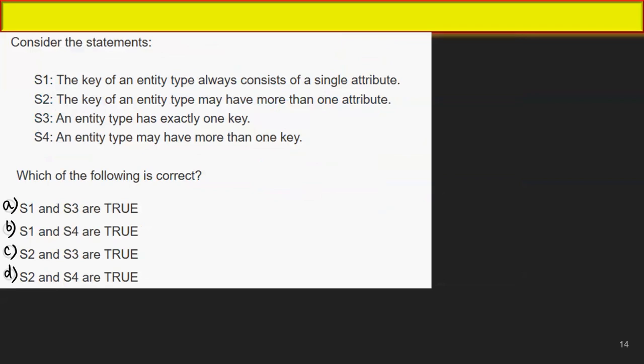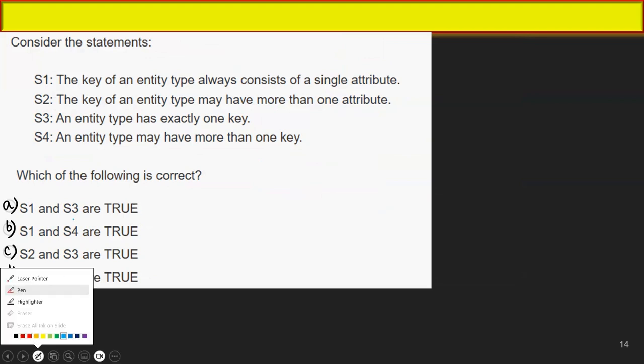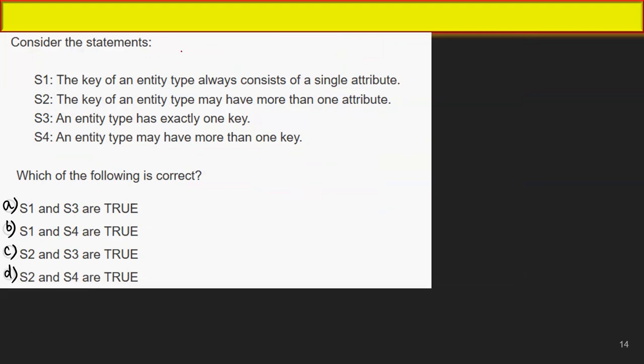Simple question. Let us take one more code-based question from DBMS with respect to keys or entity. We will go one by one. A key of an entity type always contains a single attribute.